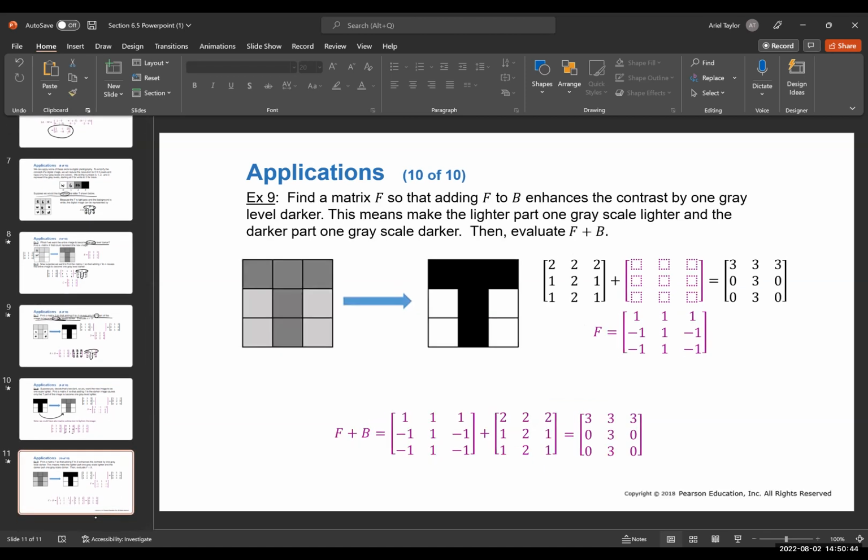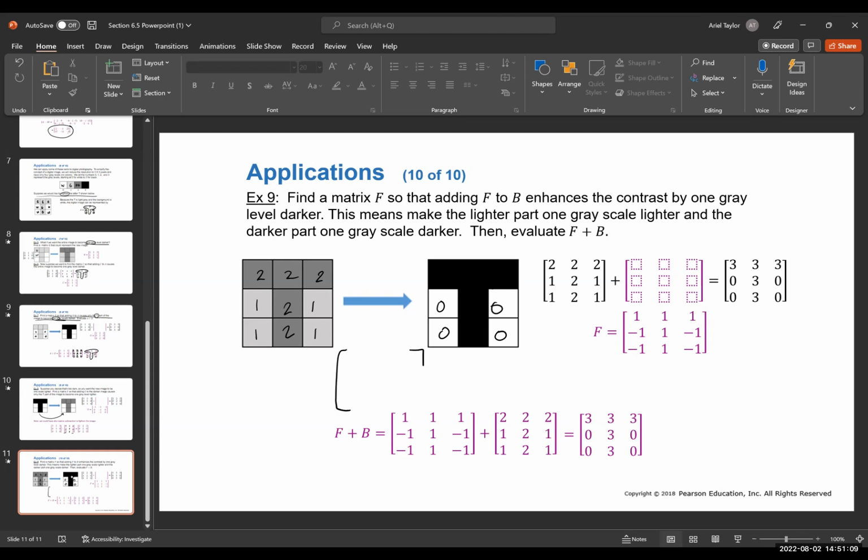And last but not least, how do we take this image that has gray spots and darker gray spots to black and white? So these gray spots were 1s. These were 2s. We need to make these 2s 3s. And we need to make these 1s 0s. So in essence, we're taking the 2s up 1.